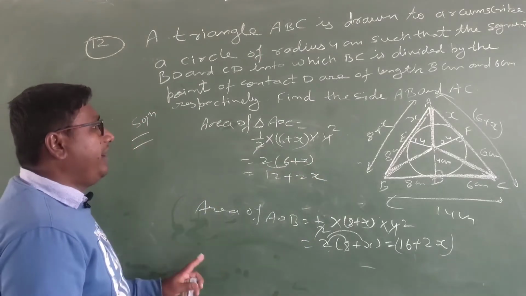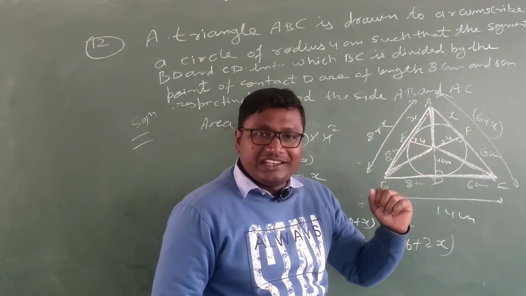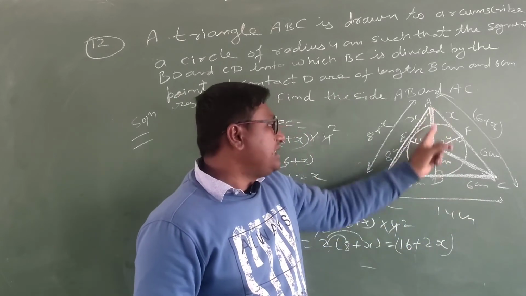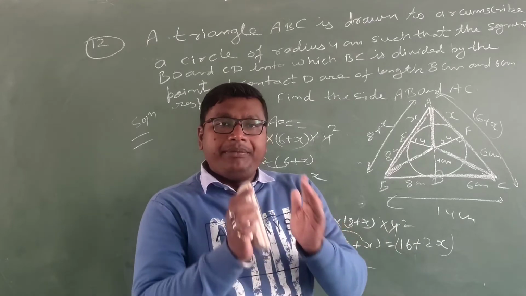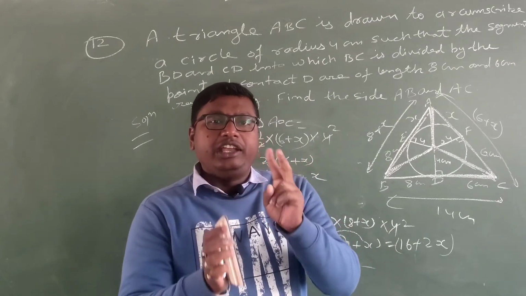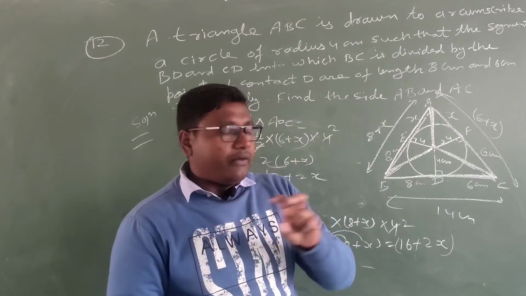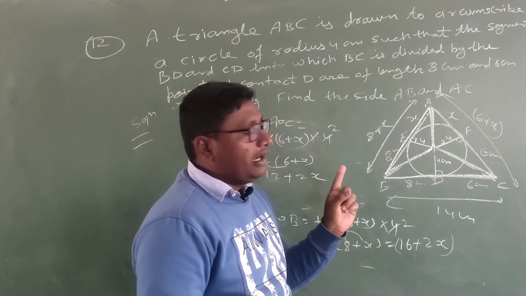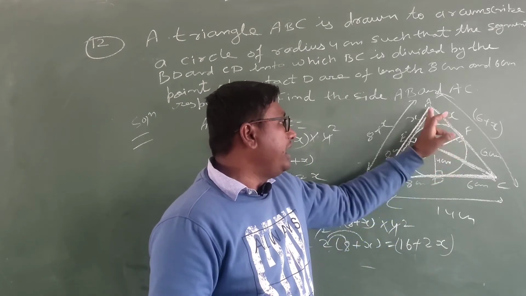Okay. Now we can say the area of triangle ABC will be equal to the area of triangle BOC plus AOB plus AOC. We have divided the triangle ABC into three small triangles, and the names of the three small triangles will be BOC, AOB and AOC.